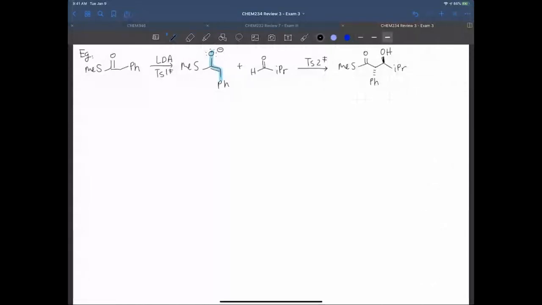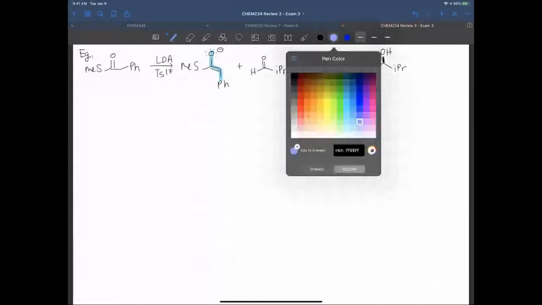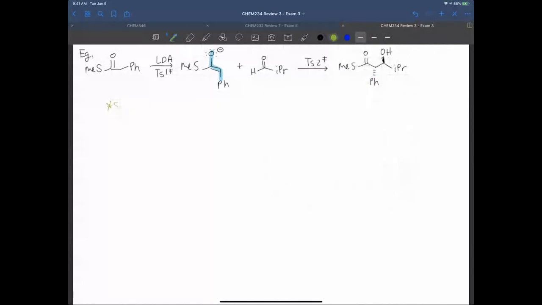Okay, so we know that it's going to be a small, and we are going to get an E-enolate and we get an anti-product, right?